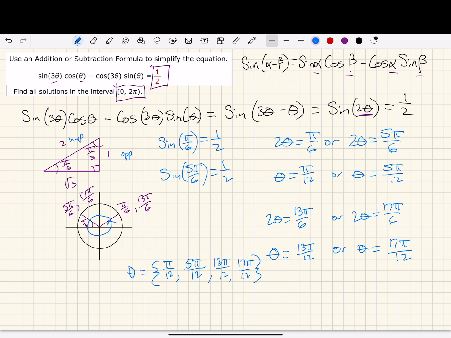If we tried to do this again and go around another rotation, the resulting value for theta would be outside of that interval from 0 to 2 pi. So we have 4 solutions.